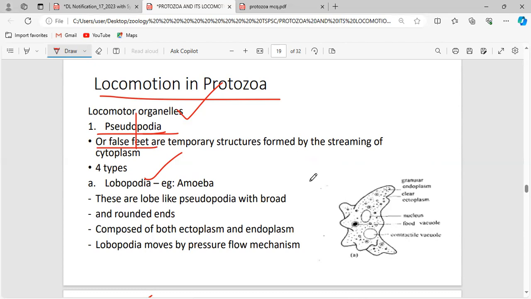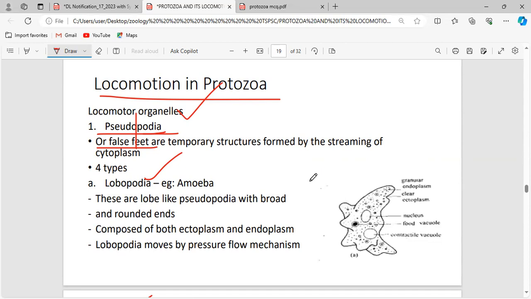What does streaming of cytoplasm mean? It is called cytoplasmic streaming, or protoplasmic streaming, or also cyclosis. Streaming of cytoplasm means the flow of cytoplasm inside the cell, driven by forces from the cytoskeleton.